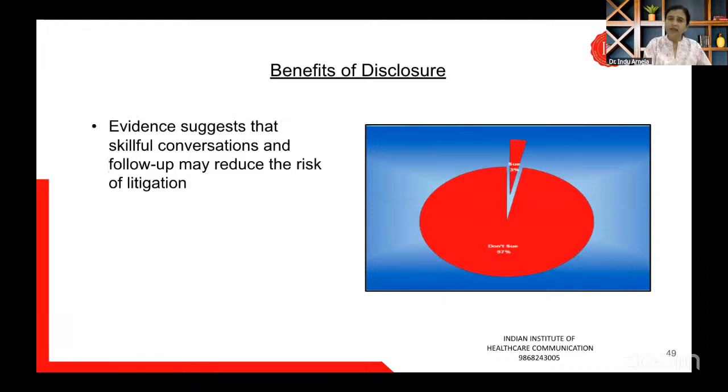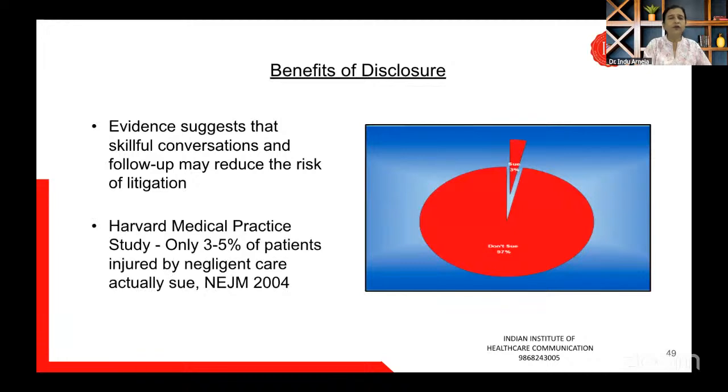At the same time, studies have shown that if you are able to have a skillful conversation with the patient party, most of the cases can be handled well. Only 3 to 5% of the patients injured by negligence actually sue the doctor or the hospital. So I think this should be a very encouraging picture if you know how to do the disclosure.